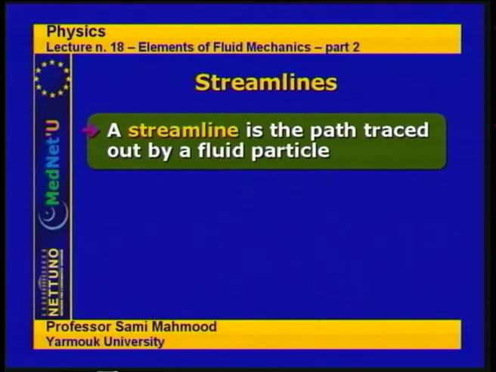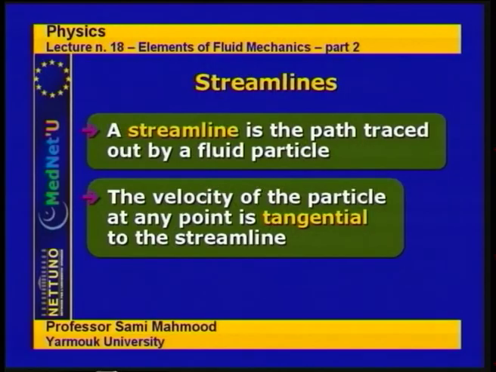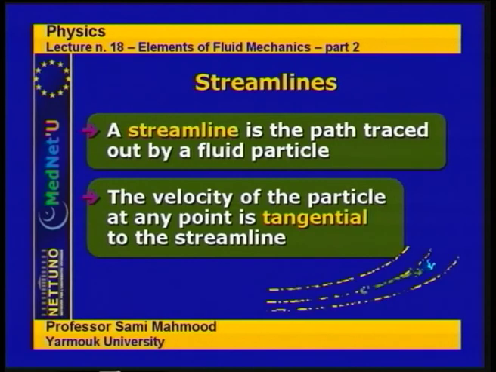If we follow the motion of a fluid particle, then the trajectory that it takes is a streamline. And the velocity of the fluid particle at any point is tangential to that streamline, tangential to the path it takes, which is a natural consequence.